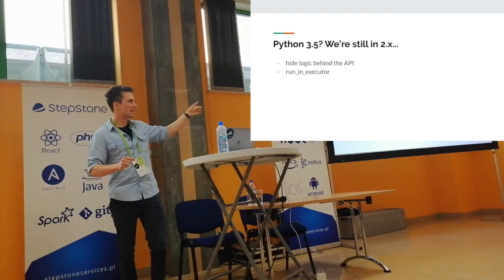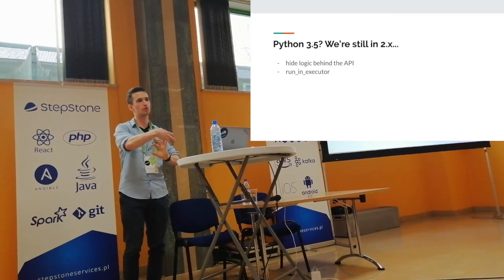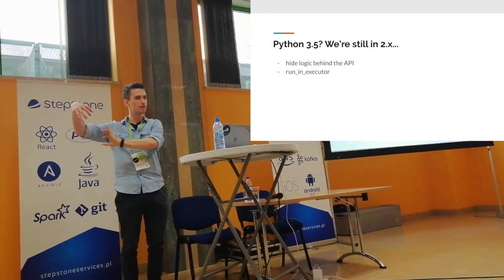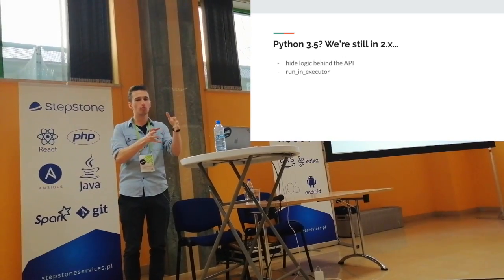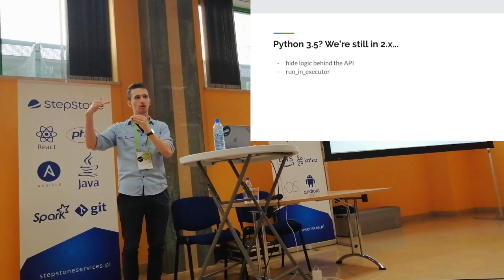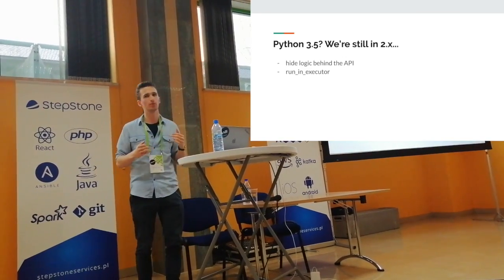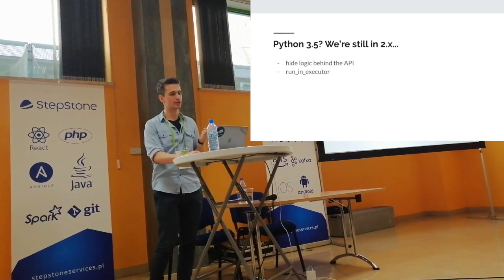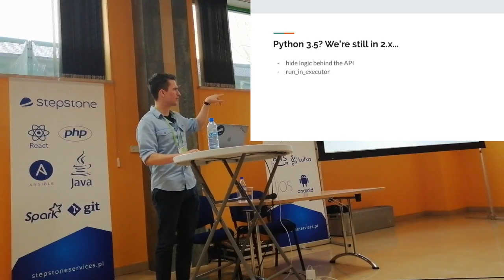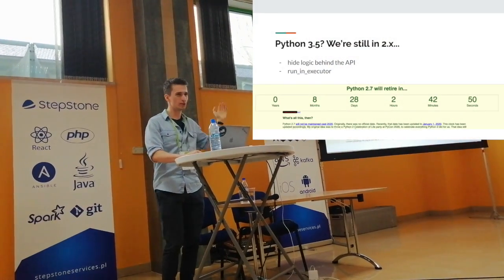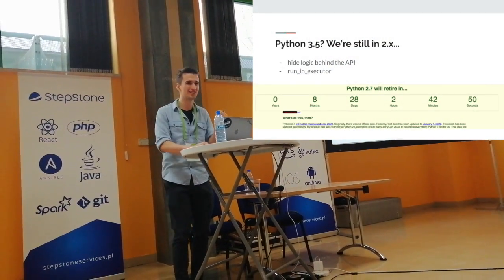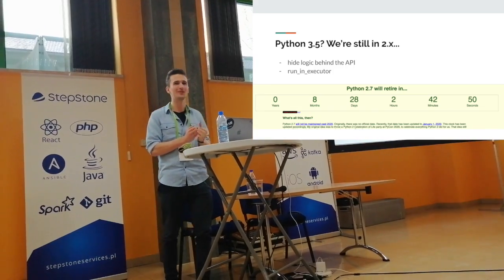It will make your synchronous code run in a separate thread, and your asynchronous code will await the result of the thread and get the result without blocking the event loop. So it may help you. These are the hints for Python 2. And also, if you're in Python 2, just keep in mind that in 8 months you may have some problem.